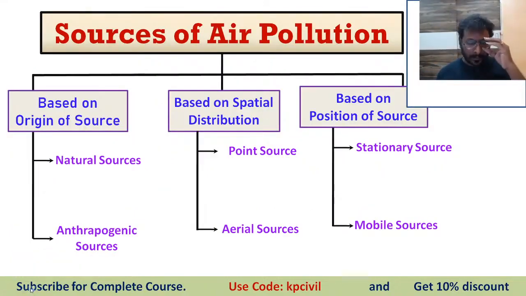Then we are considering sources of air pollution. In some textbooks or by some local authors, it is written as types of air pollution. We may take it as types of air pollution or as sources of air pollution. Air pollution is basically classified into three categories. First, based on origin of source, from where the source originated.